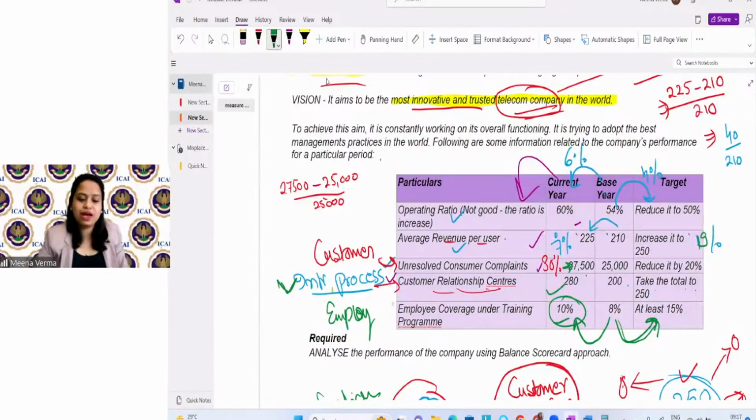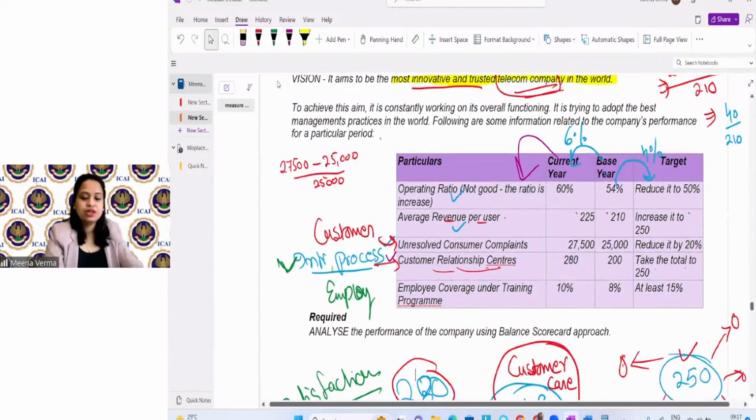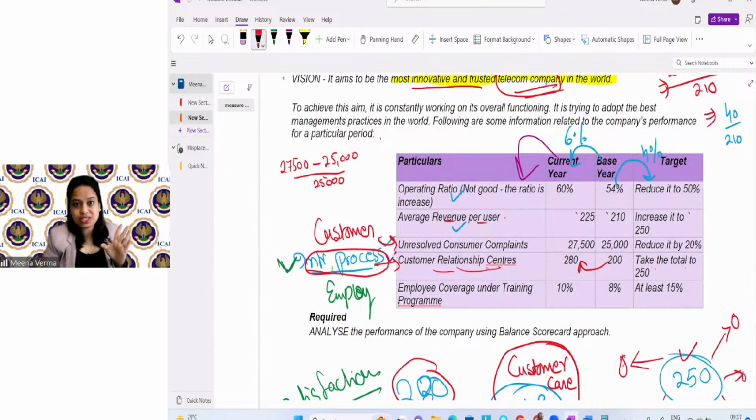So now what will happen? And this is not good. So maybe this is the reason. Now you can see, I will write it so beautifully, the answer, even better than what is written downward. You can write all these things in the answer. Though the company has opened more centers, the company has improved their internal business process.